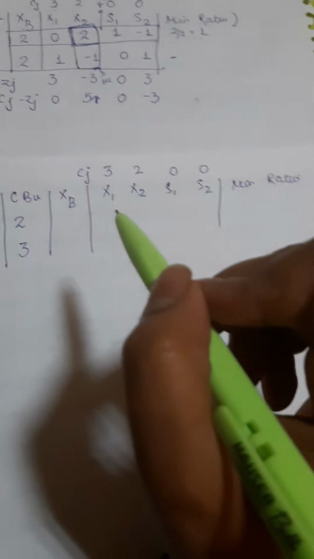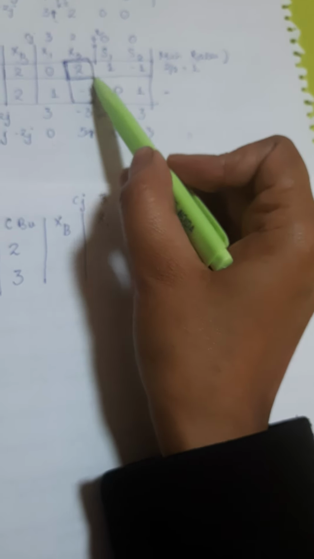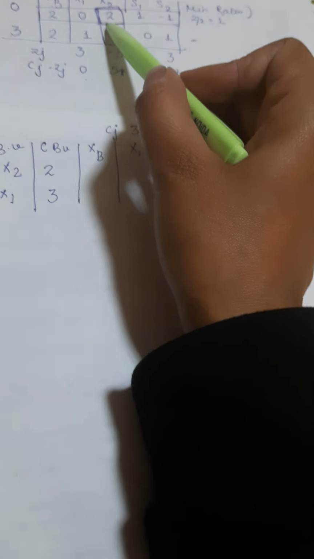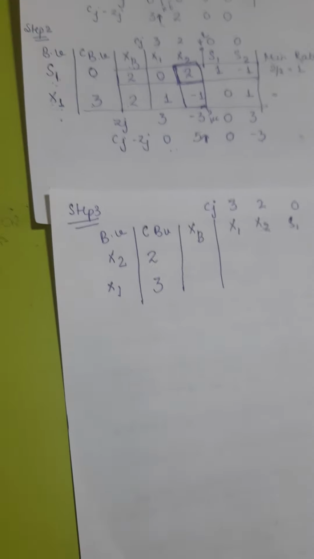Now xb, how will you calculate these values? These values depend on the previous step. Since the key element is 2, we first divide the particular row by 2 to make the intersecting element 1.